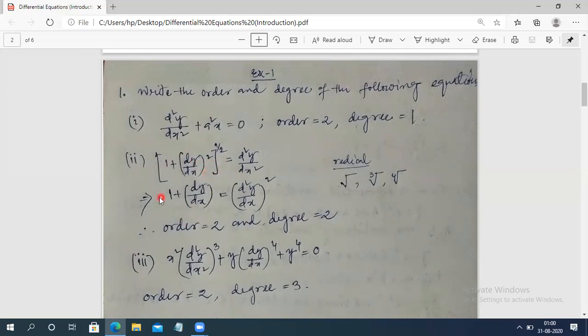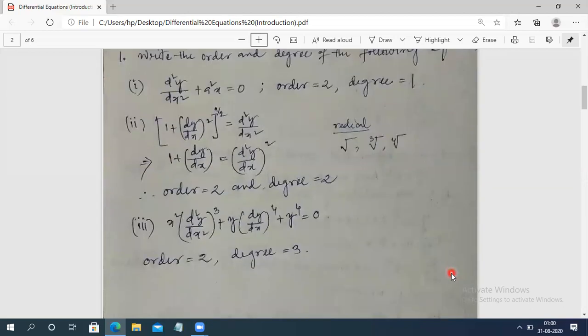After squaring both sides, we get 1 plus (dy/dx)^2 equal to (d2y/dx^2) the whole squared. Now check the degree. That means you have to check the power of the highest order derivative involved in this equation. The power of the highest order derivative is 2, so the degree is 2. Is it clear?